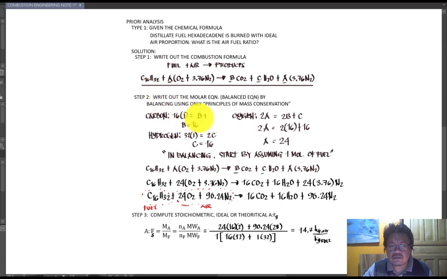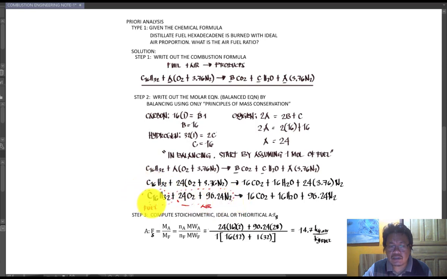So makukuha natin ang value ng B, then value of C on the other side. Then finally, for the oxygen, we can get the value of A. Then, once we have the values, we can substitute to the combustion formula. Then we can expand the equation, and finally we have this one for the final answer of your combustion formula.